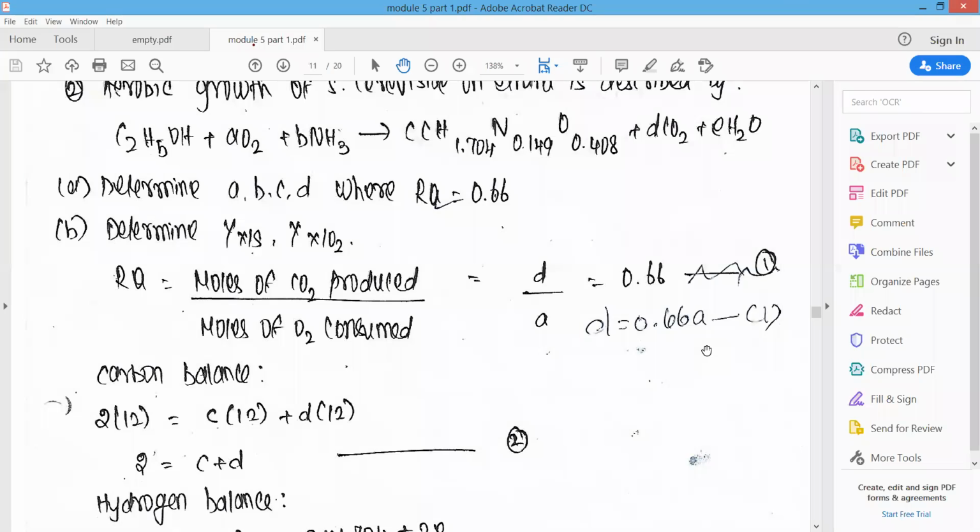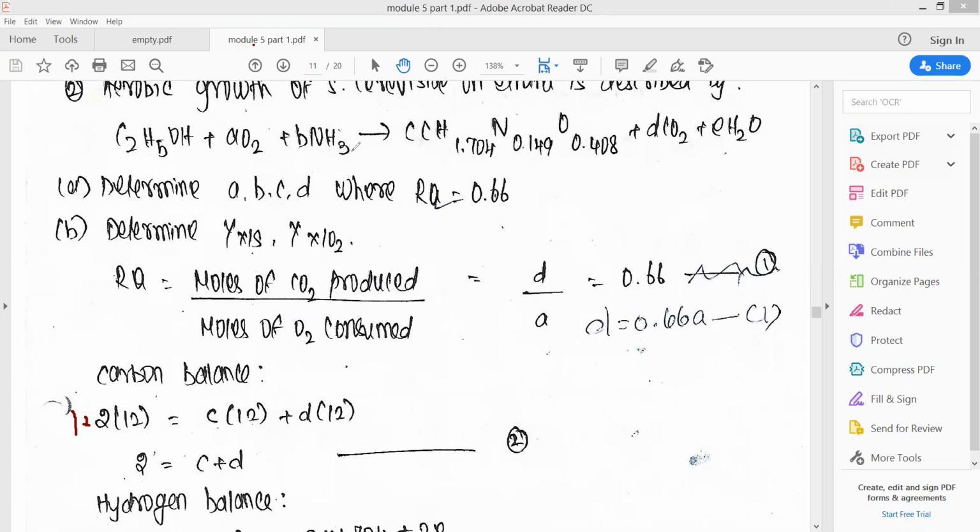Now, since nothing else is known, none of the coefficients have been found. So we have to start from the carbon balance, hydrogen balance, oxygen balance, like that. So now the carbon balance will be 1 into 2 into 12. Don't forget that.